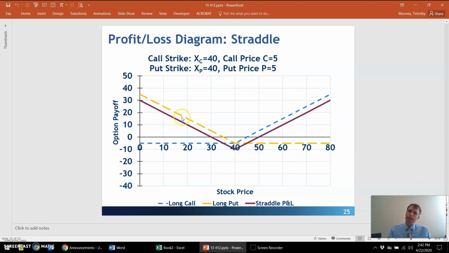If the stock price declines below $30, declines by more than $10, the put option becomes in the money by over $10, over the sum of what we paid for the call and the put. So just one option investment strategy. Here's a volatility bet, a long straddle.